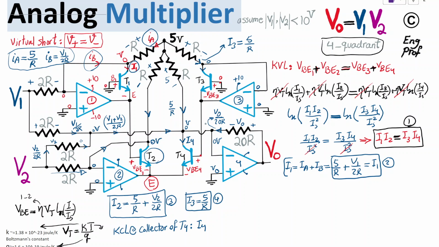Some of the other components coming: it's effectively 5 over R plus V out over 20R plus, finally, V1 plus V2 divided by 2R.